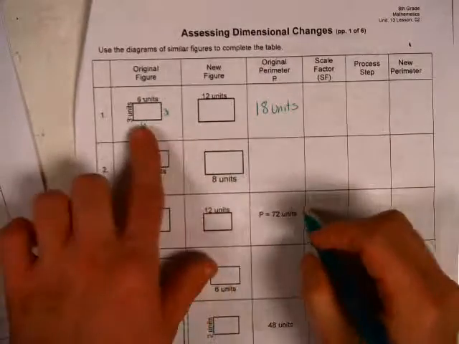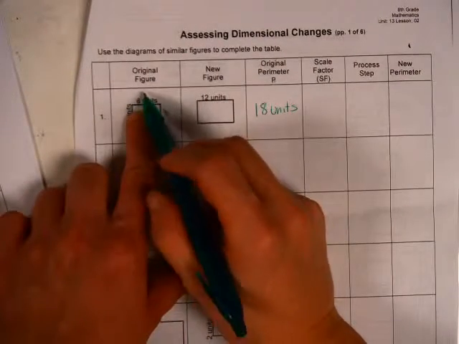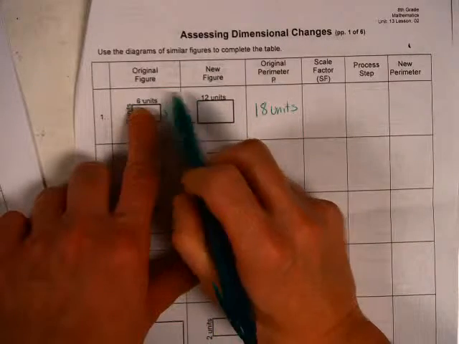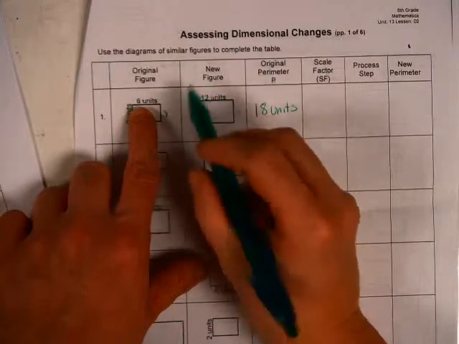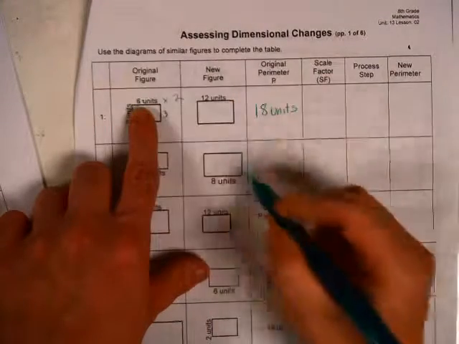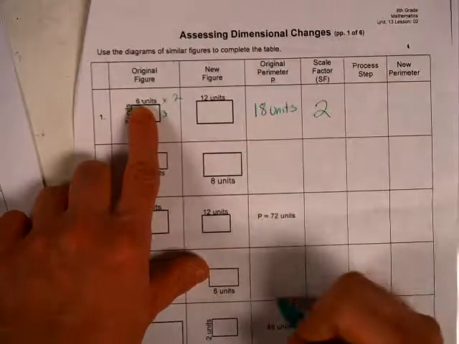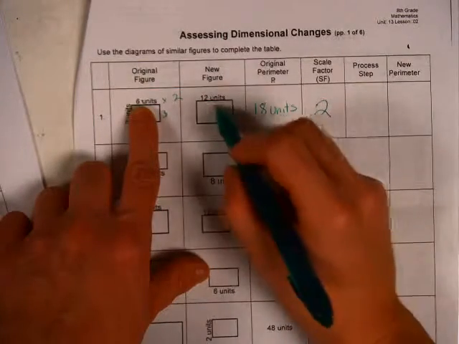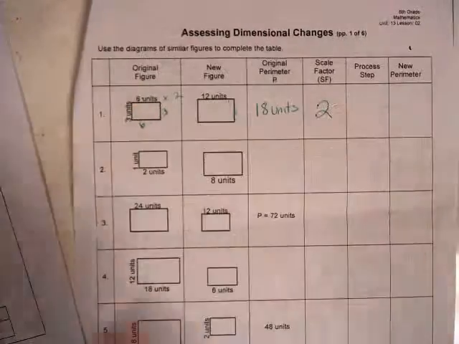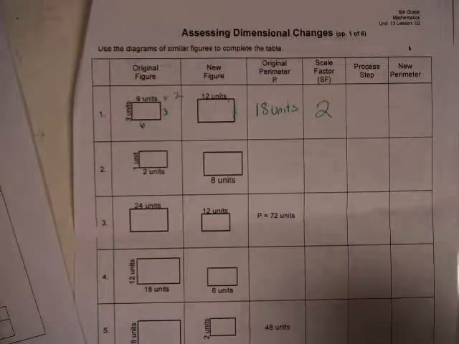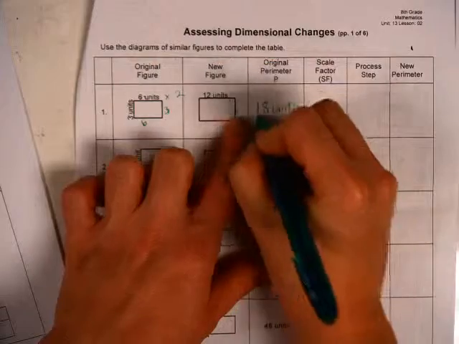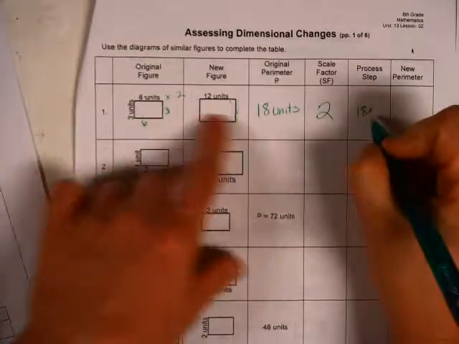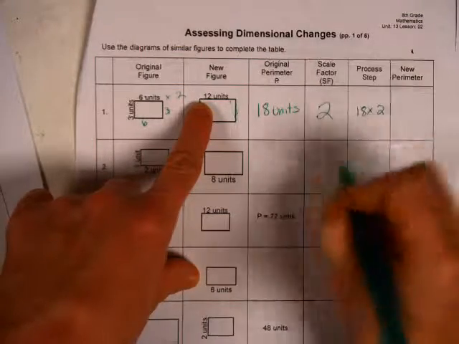Okay? Now, how did 6 become 12? Looking at this, how did 6 become 12? Well, times 2. So the scale factor is 2. So if I'm looking for the new perimeter, I don't know one of these. I can't just add all the sides. So I'm going to have to take my original of 18 times 2.